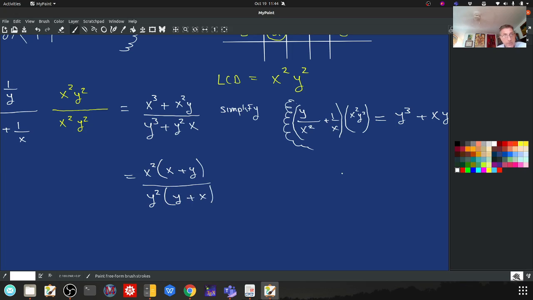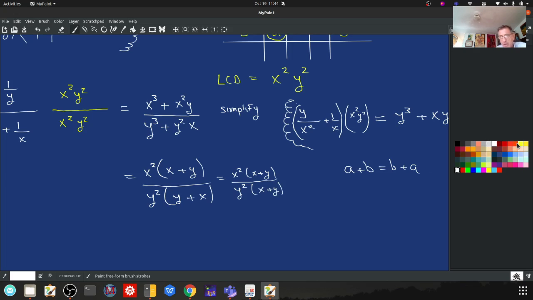Now we're going to use the commutativity of addition: a plus b is equal to b plus a. So this is the same as x squared over x plus y divided by y squared. Y plus x is the same as x plus y.